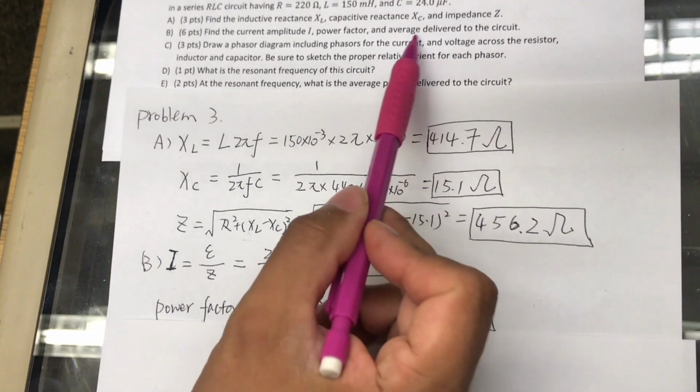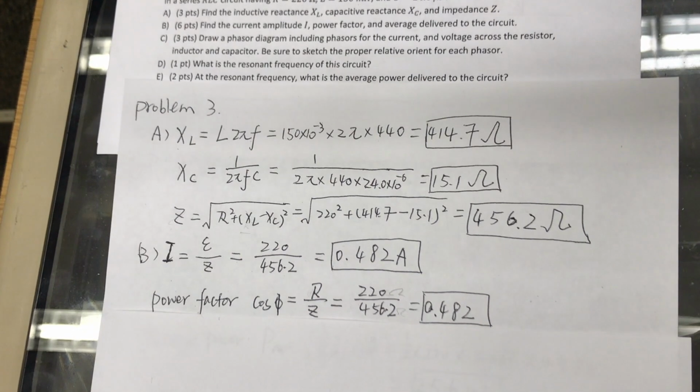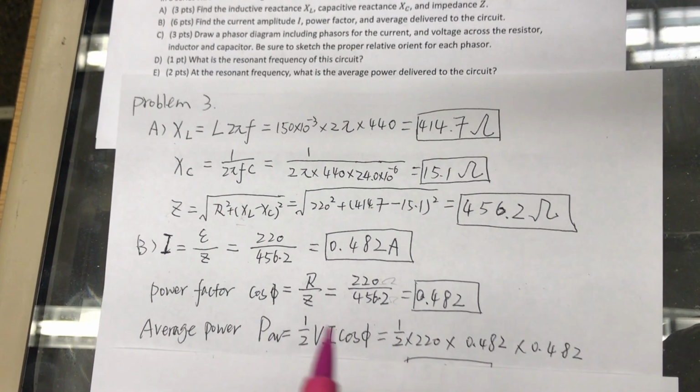Last, they ask us for the average power delivered to the circuit. The average power is a quite simple equation. This is all in the textbook.